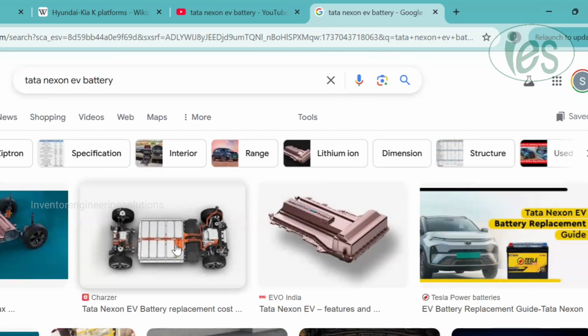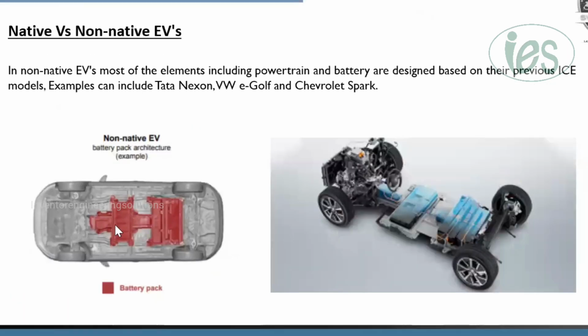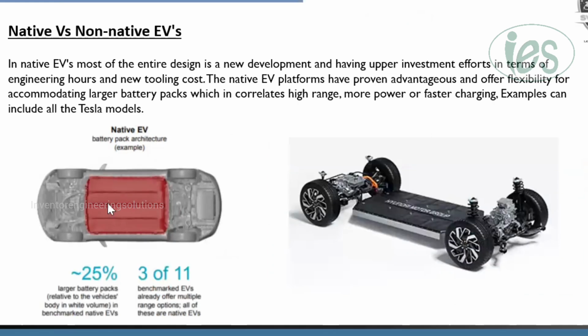For that, they are using the previous generation IC engine platform, and the battery has been fitted according to the previous platform structure. So this kind of battery pack will be on the non-native EV, whereas the native EV, the pure EV, contains the bigger battery.